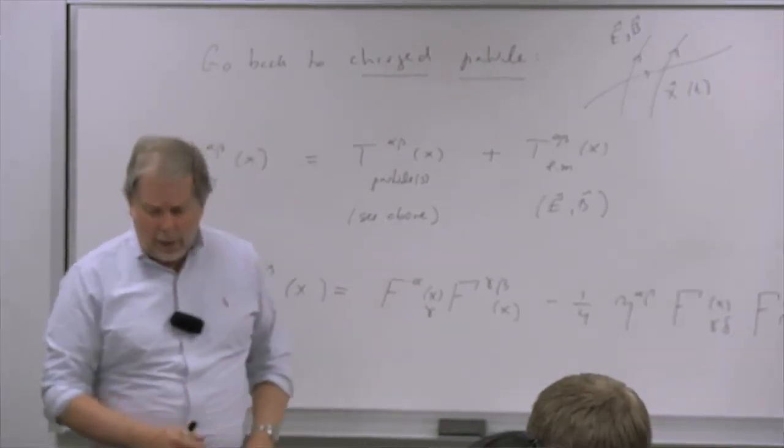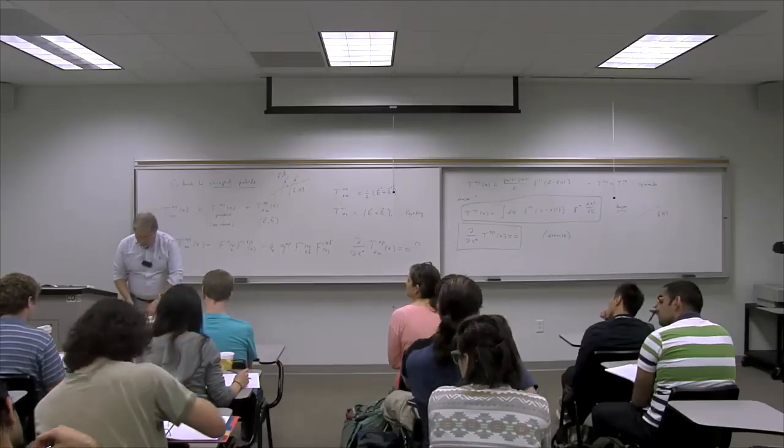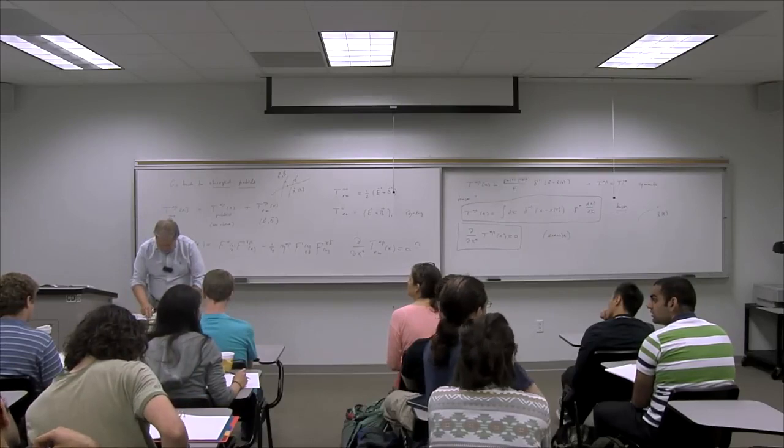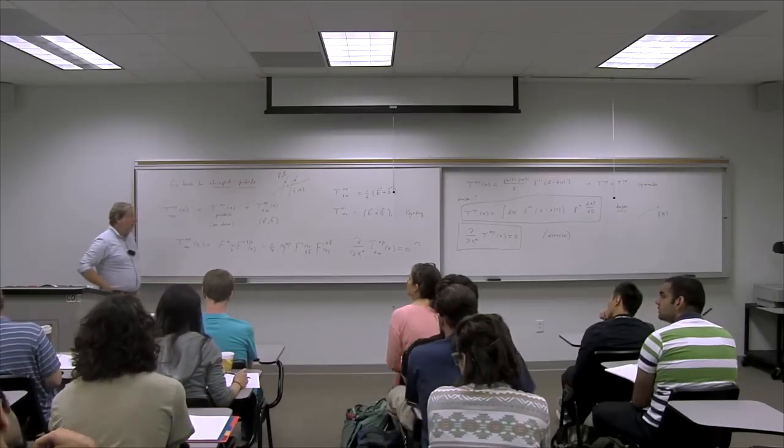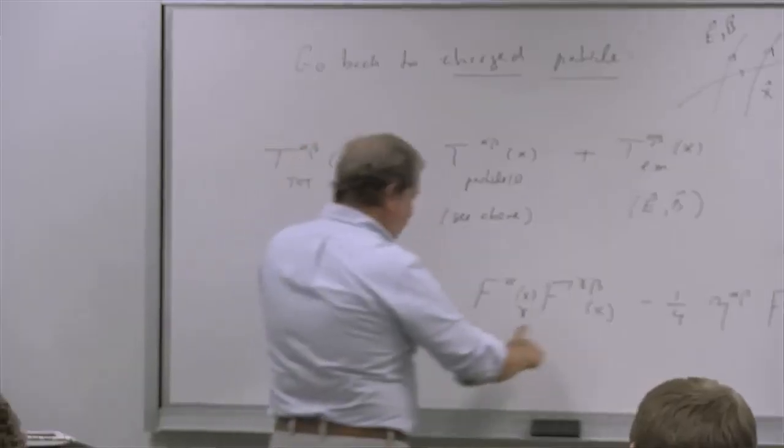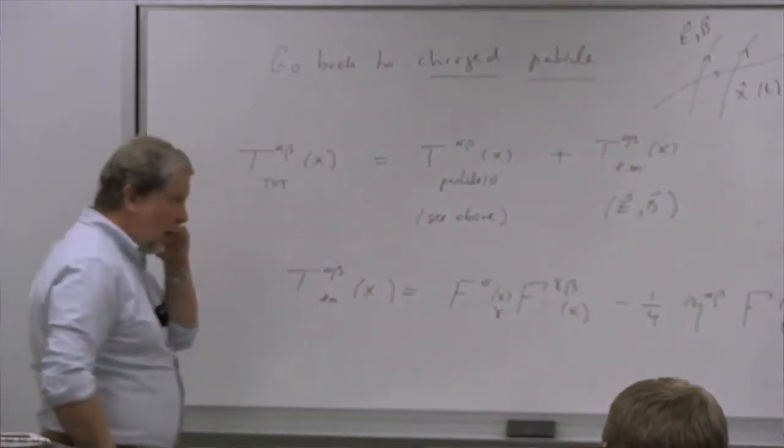So there's a little bit of algebra that you have to do here, but you can in fact show that, again, this is the right combination, and that this combination is also conserved.